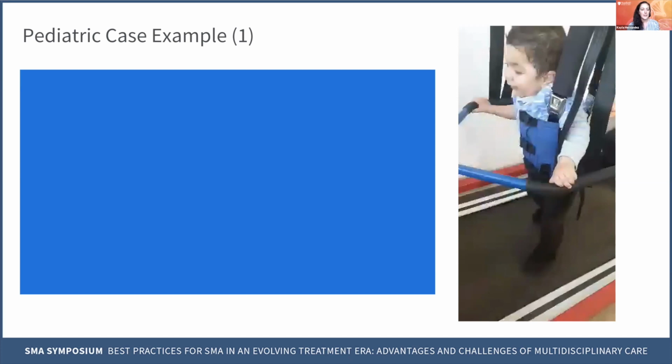He had one done back in his home country when he was about 14 months of age, and that showed significant dysphagia, aspiration of all consistencies, and that's what led him to get his G-tube when he was about 14 or 15 months old. So this was a little under a year later, and we just wanted to see what his swallow function was looking like so that we could help to guide his treatment plan while he was with us.